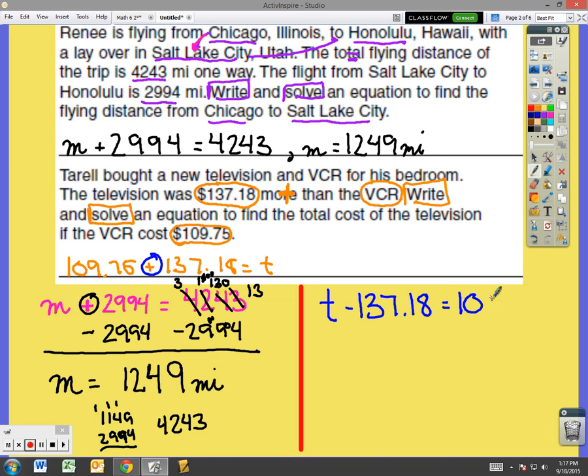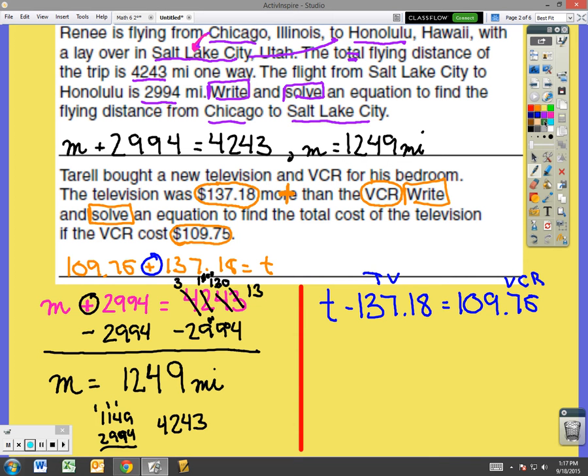So notice how I'm setting this equation up. My right side of the equation has to do with the VCR. The left side has to do with all the TV info. We don't know the cost of the TV, but we know it's $137.18 more than the VCR, meaning if I subtracted it from the price of the TV, I'll get that VCR.